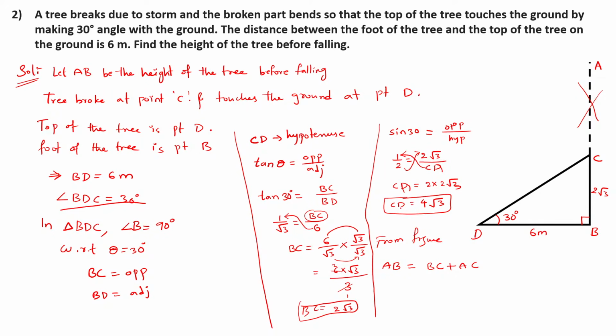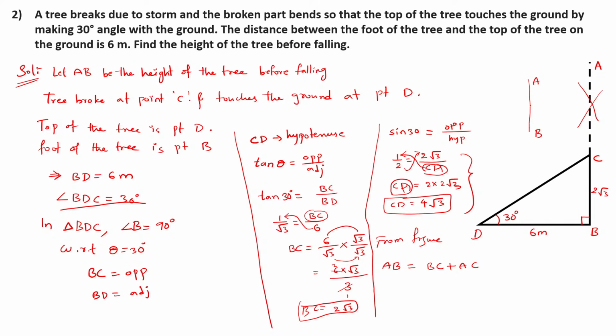Here CA value. Here if you observe, one thing you must remember, please don't get confused. From the figure, you can see that AB is the actual height of the tree.